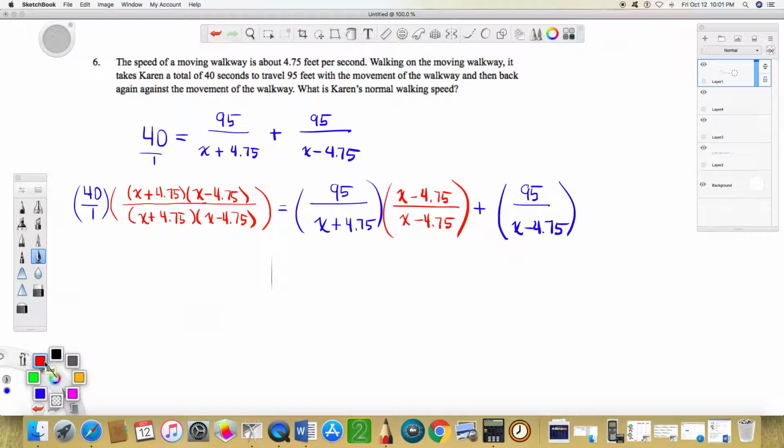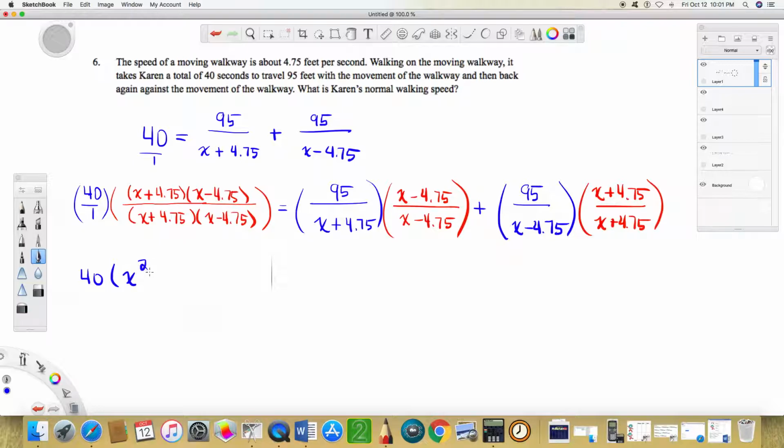All right. So all of these denominators are now the same, so all of these denominators cancel. Over here, we have a plus b times a minus b, which is a squared minus b squared.